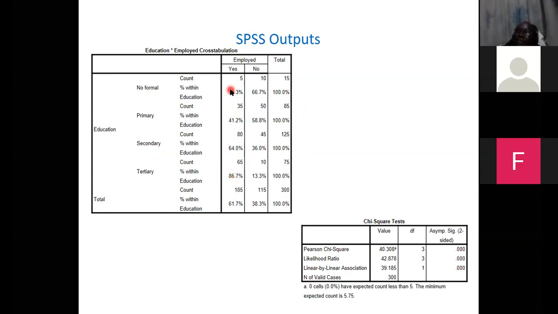So you see the percentage that are employed is going up as you move along the education. The percentage of people that are not employed is going down as you move along the education. Whichever way, if the percentage of employed is going up, the unemployed will be going down.